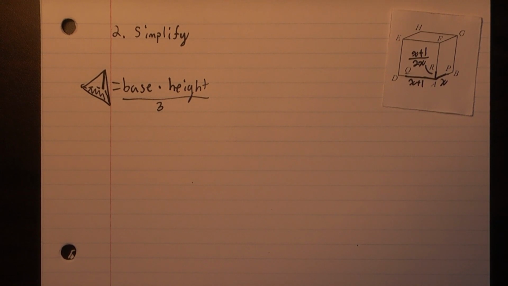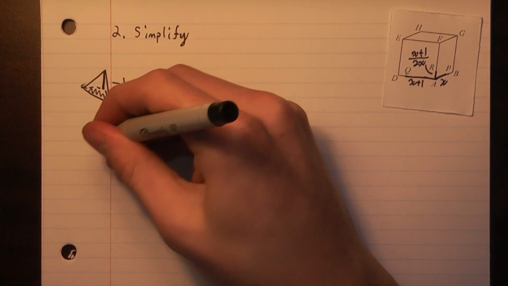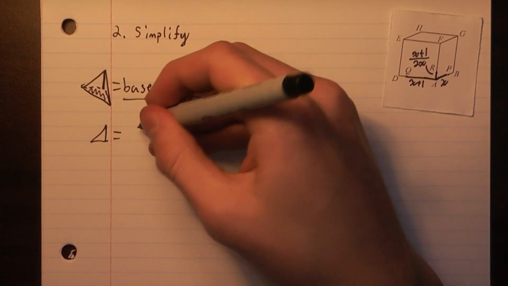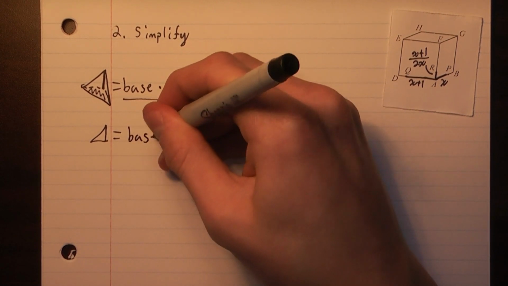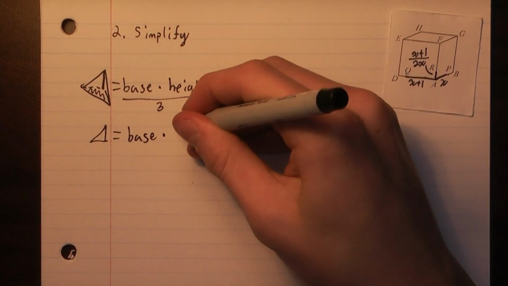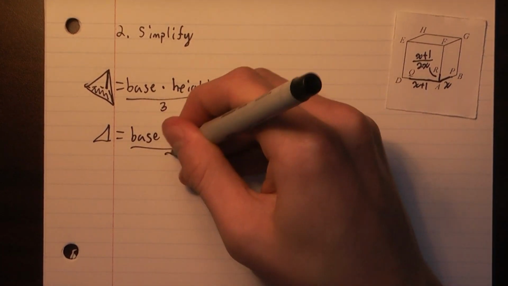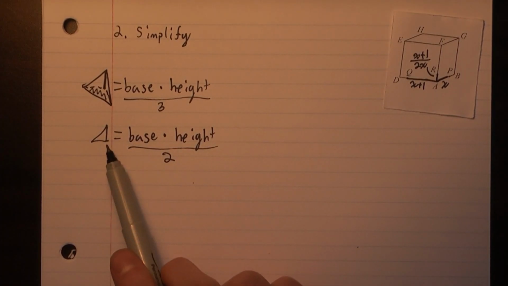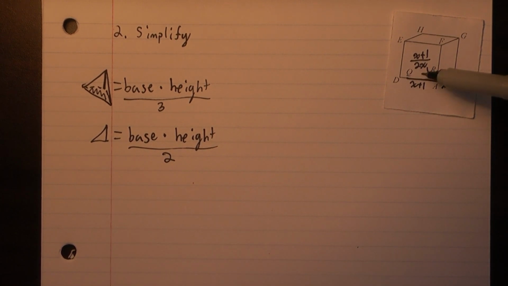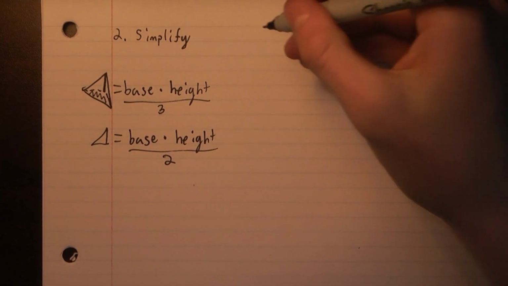And its base is a triangle. And we should already know that a triangle is its base times its height divided by 2. So to calculate the triangular base, we need to find x plus 1 times x divided by 2. So let's write this out.